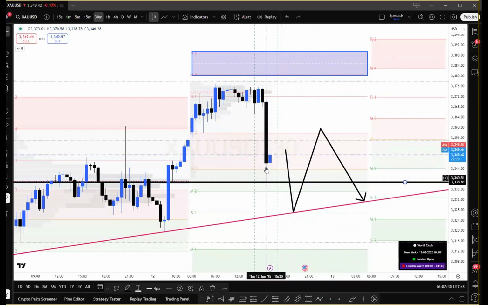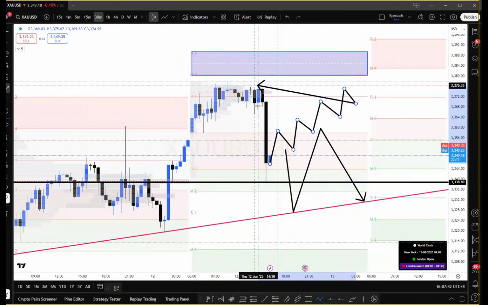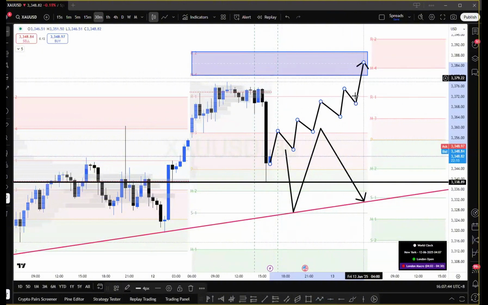Any of the buyers that got in here should present that bullish move back up into the starting point, which is at this area here. And once this group of buyers are out, then we can be pushing up into this area here. So a lot hinges upon not selling off below this level.